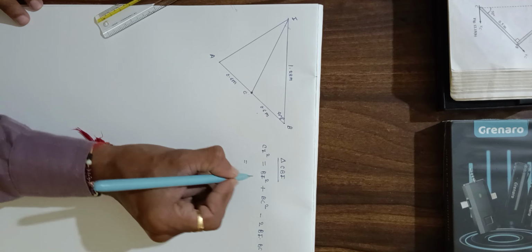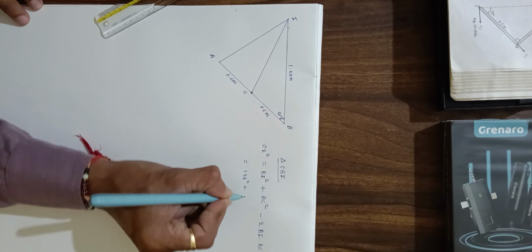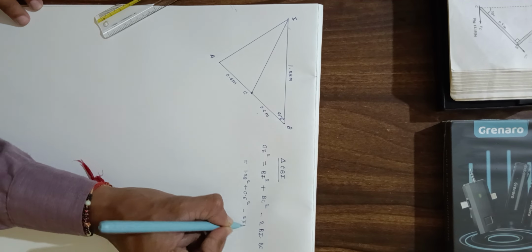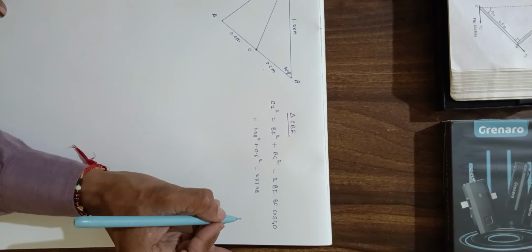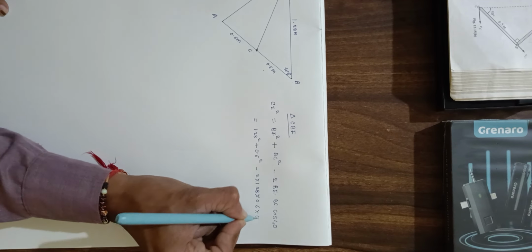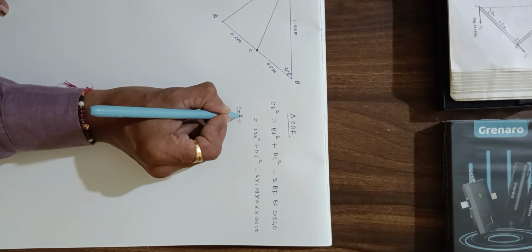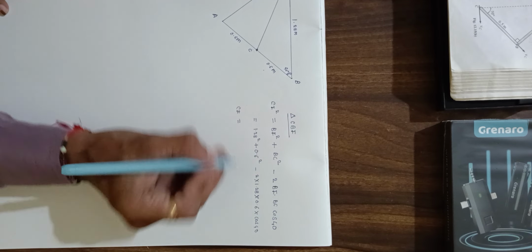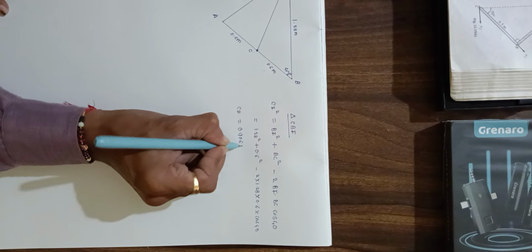So this is equal to 1.28 square plus 0.6 square minus 2 into 1.28 into 0.6 into cos of 40. From this we can find CI. Solve this, take the square root, so CI is equal to 0.906 meter.